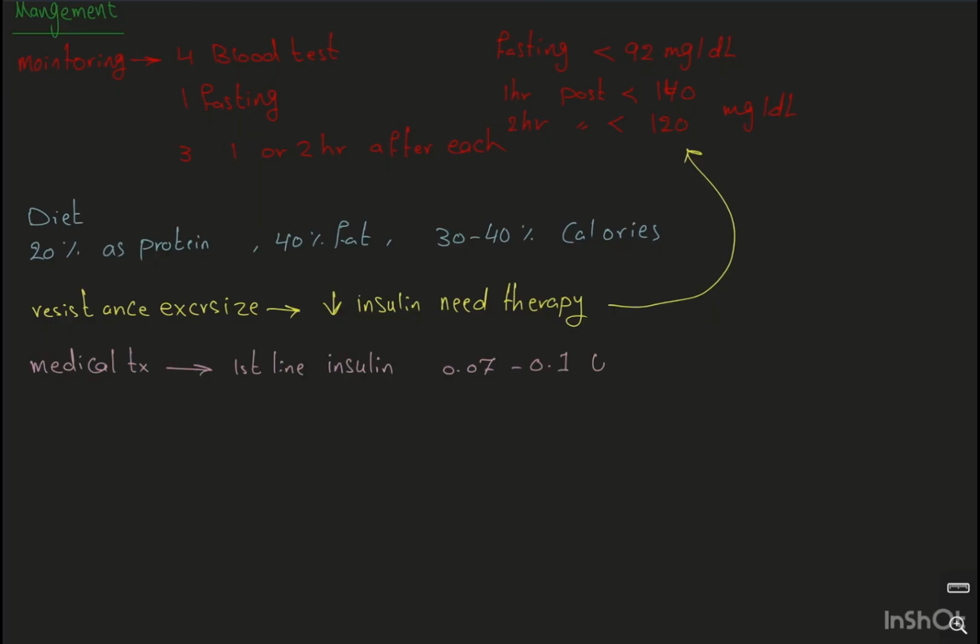The insulin dose should be divided into morning and evening. Morning will take 2/3 of the dose, and the remaining 1/3 will be at evening.